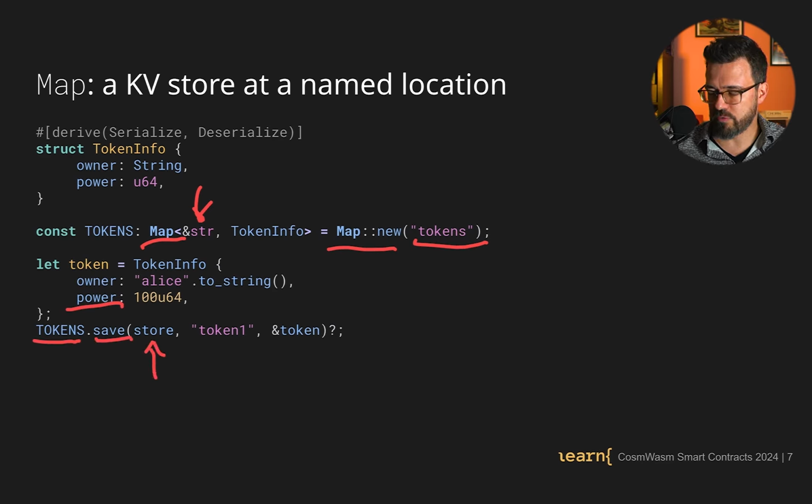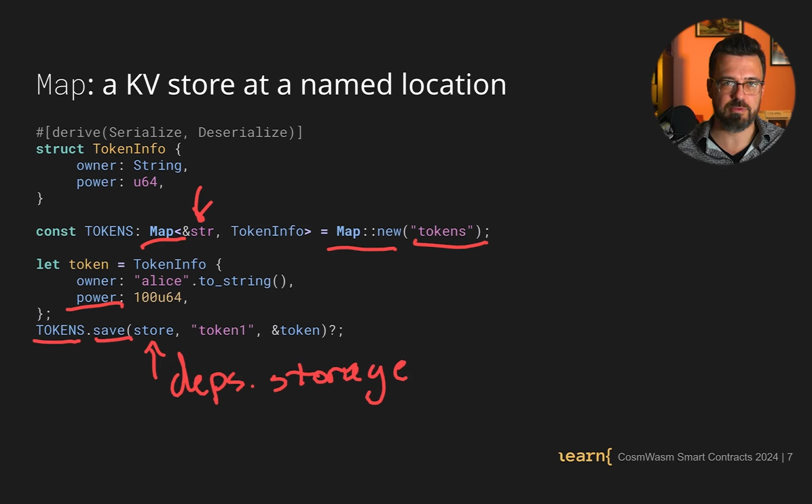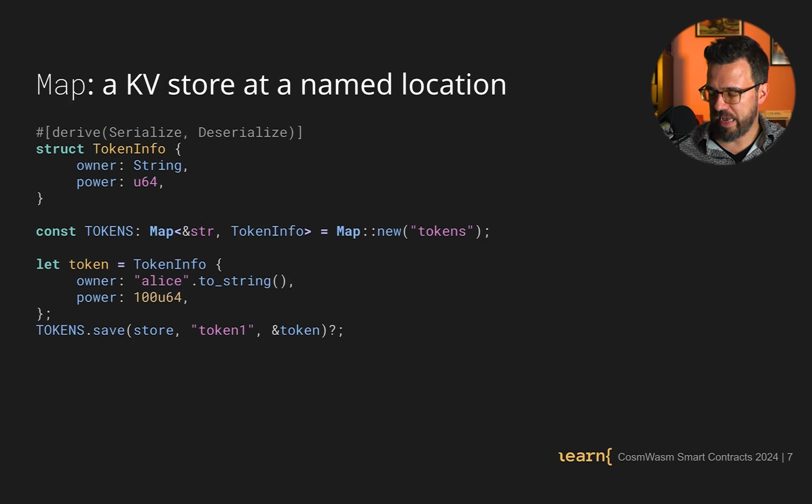Again, we need our storage, which for you is probably deps.storage or whatever you want to alias that to. Since we're saving, that's going to need to be deps.storage as a mutable reference, some kind of mutable storage. Then we not only have the reference to the value that we're saving, as with Item, we also have whatever our new key is for the map.